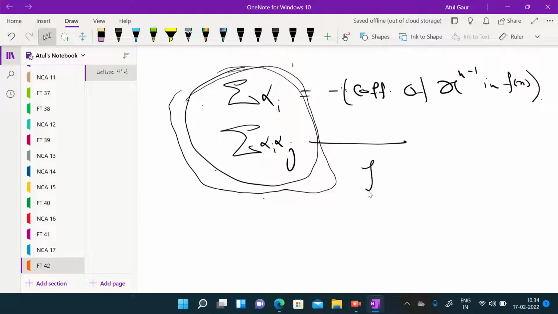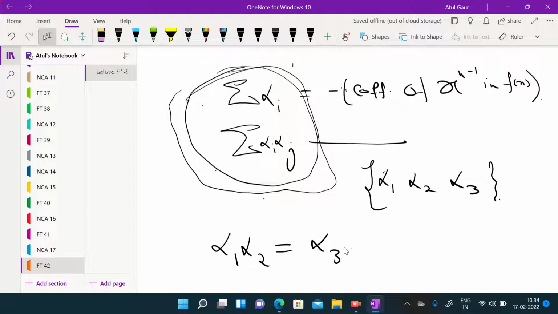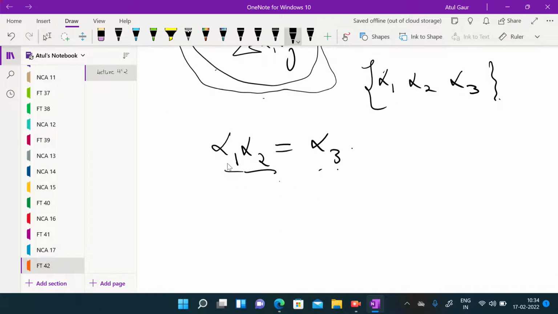So I mean the point is, let's say you have alpha 1, alpha 2, alpha 3, right? Suppose these are the roots. So what may happen among the roots कि alpha 1 alpha 2 product, this alpha 1 alpha 2 may be equal to alpha 3, right? तो अगर कोई automorphism है तो that has to respect this relation.